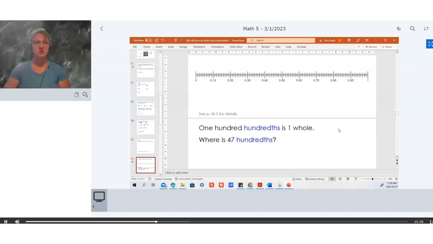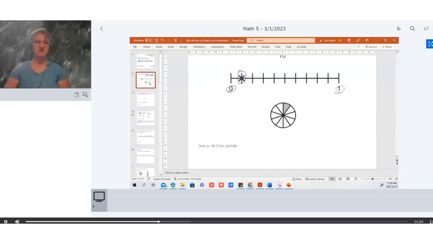And here it's just showing a number line. Notice here we have the decimal 0.1. The 1 is in the tenths place. So this number line can be compared to the one that we looked at the very beginning, right? So this would be 0.1, 0.2, and so on.